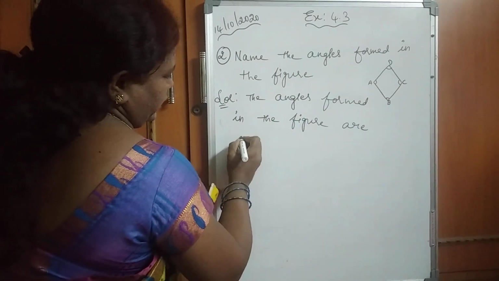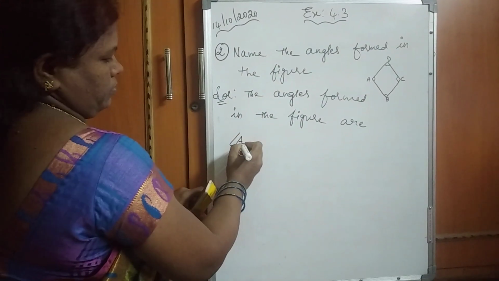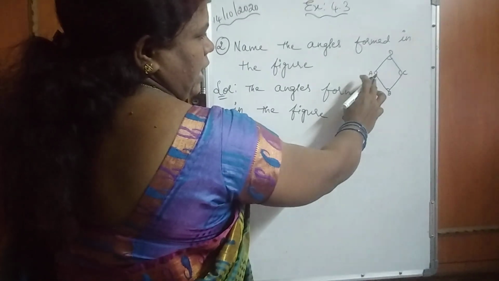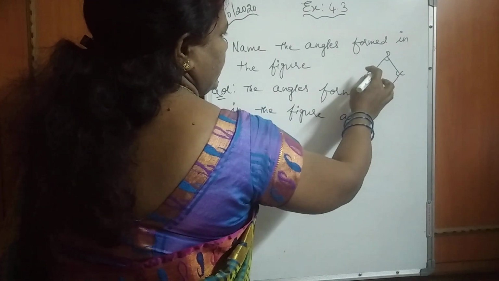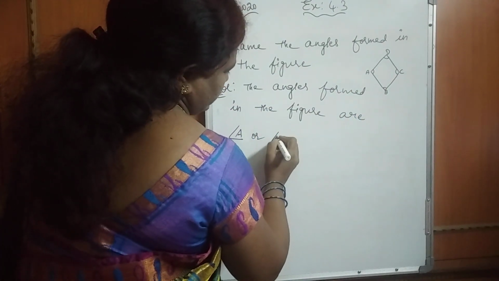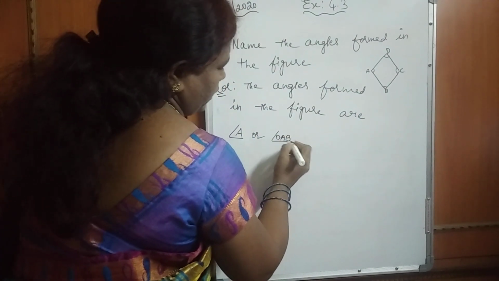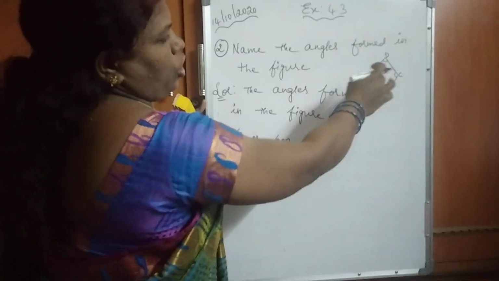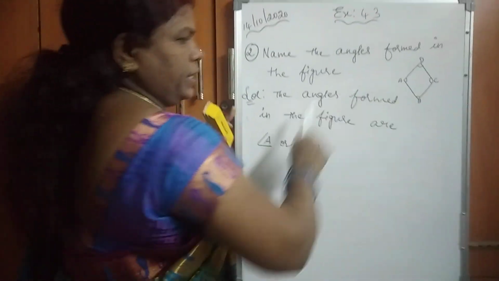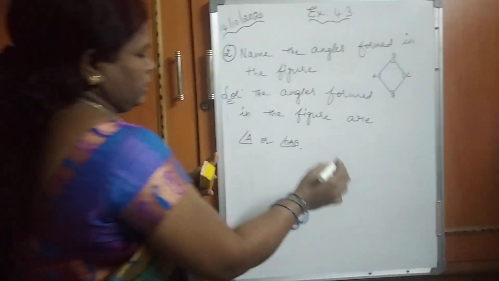You can write angle A. You can write angle A also, or angle DAB. You can mention in any way. You can call it as either angle A or angle DAB. You can call in any manner.